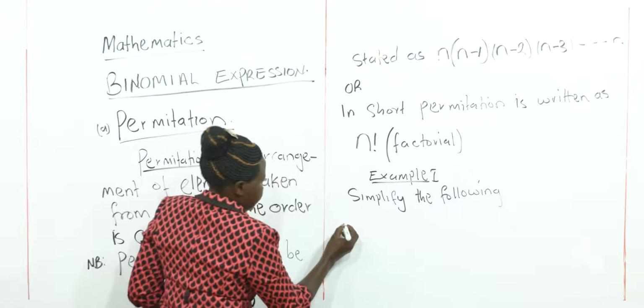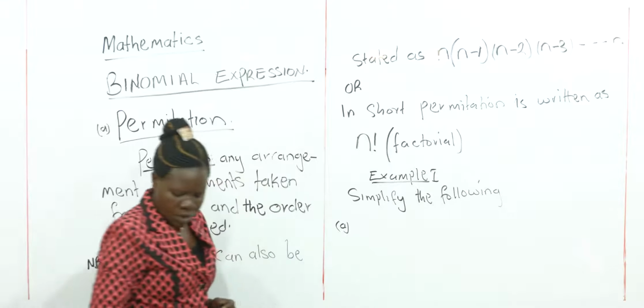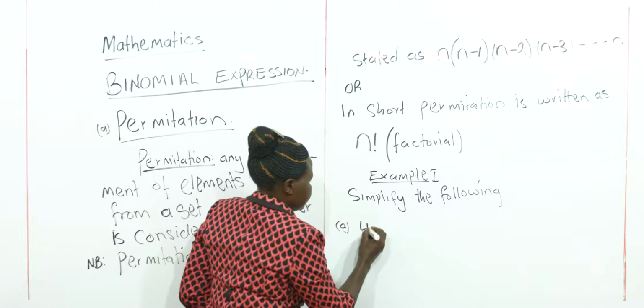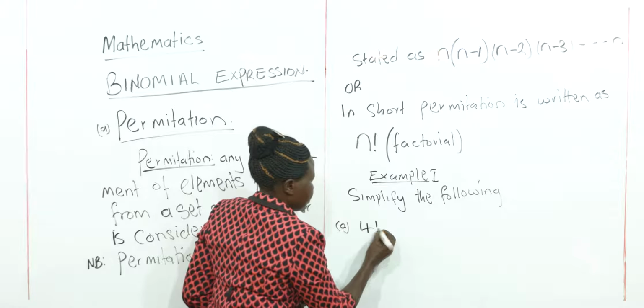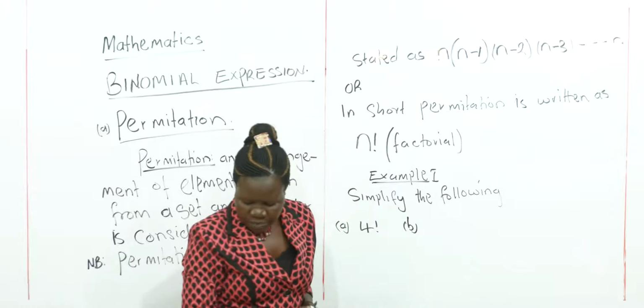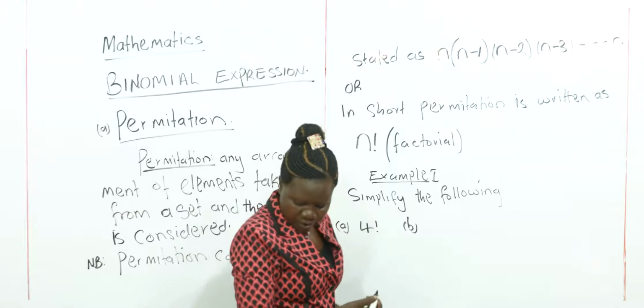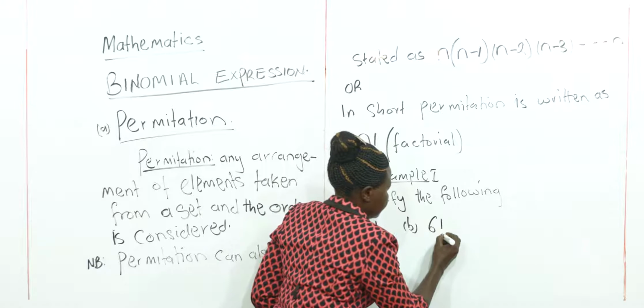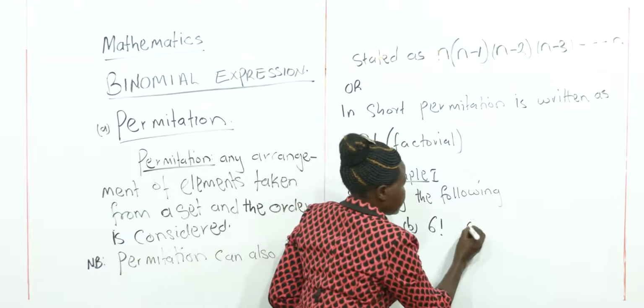And then they say A, we have 4 factorial, and then we have B, 6 factorial, and then we have C.